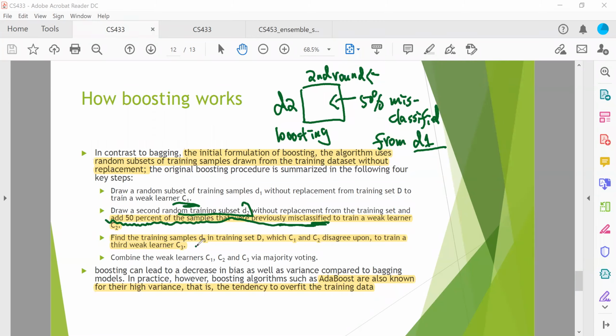And then for the third round, D3 in the training set, you will find, among all of the training samples, the ones where the first and the second round don't agree, and you will add them to the third training. And in the last step, you use majority voting to combine all 3 learners.